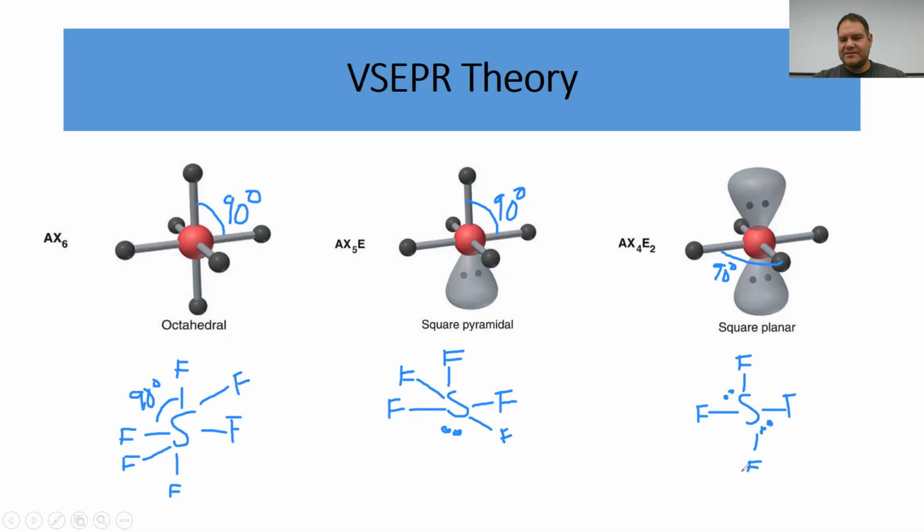So you kind of create the square that's flat, a planar structure, all right? And again, 90 degree angles for those square planars, okay? So there we are, 6 domains, and we're good to go, okay?